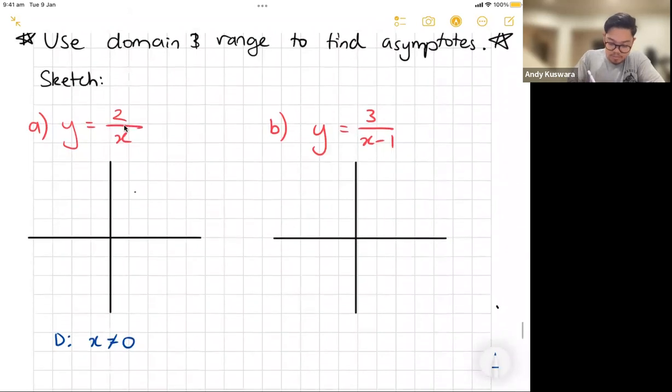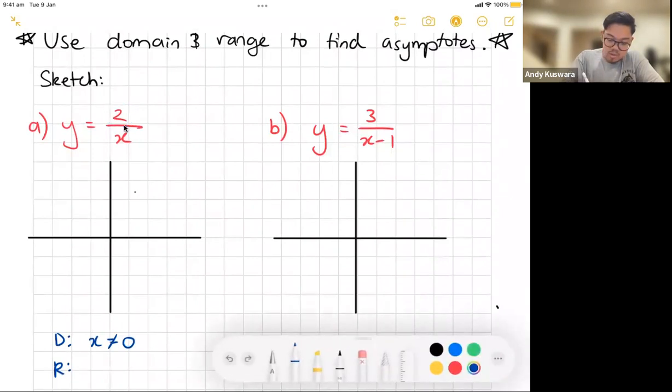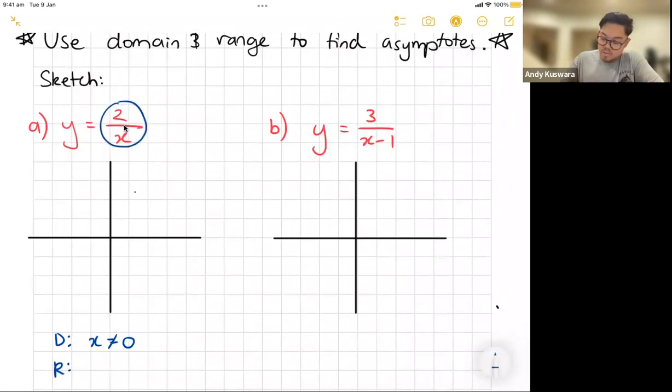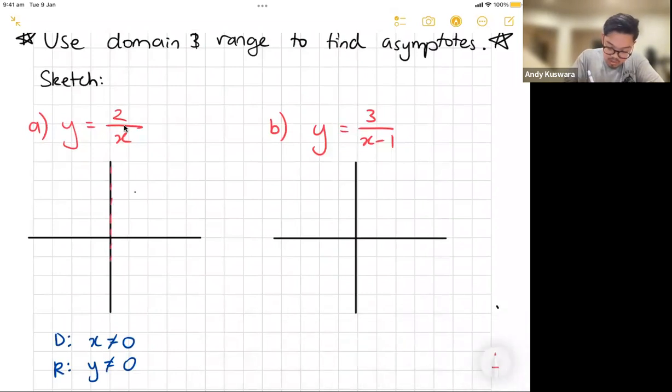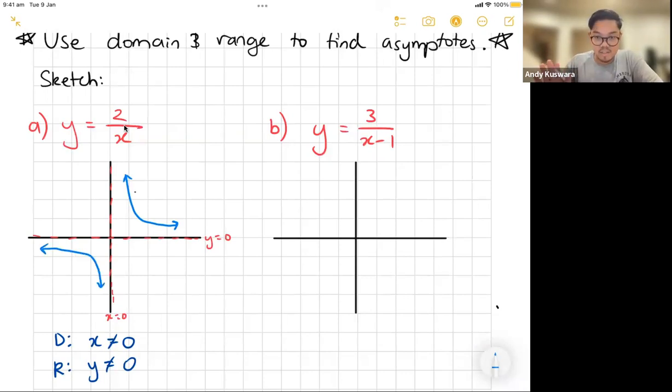There's my asymptote. And for the range, I also notice that there's a 2 up top. And so I know my y value, this whole fraction, will never equal 0. So those 2 actually become my asymptotes. There's x equals 0, and there's my y equals 0. And I've got a positive one, so I know it's just going to be up this way and down that way. And that would be plenty for a sketch.